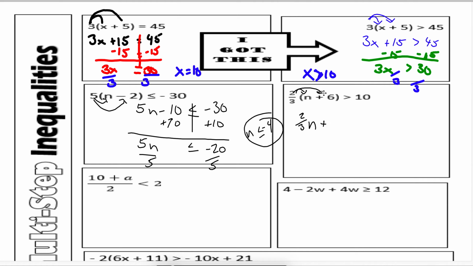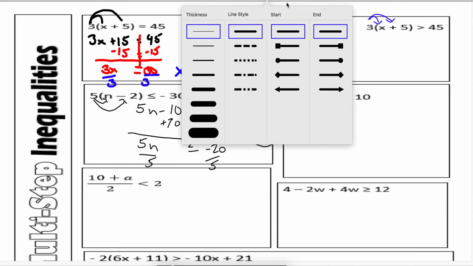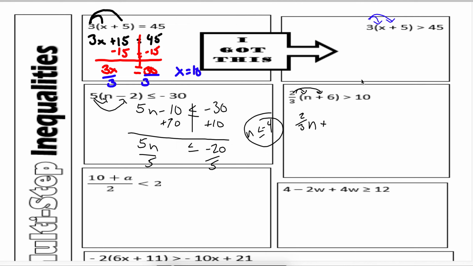What's 2/3 of 6? Well, if you don't remember how to do this, let's kind of show it over here. I'm going to use my eraser here to get rid of some of this work up here really quick, just so we have a little bit more space. And go back to our pens here. Okay, well, let's show you how to do 2/3 times 6 over 1.